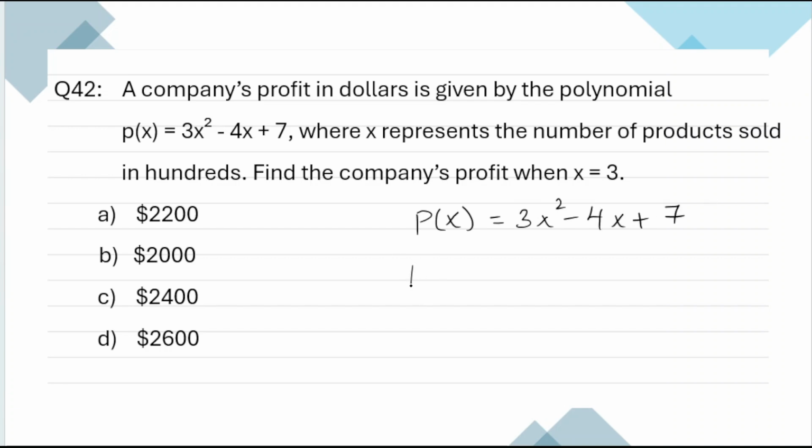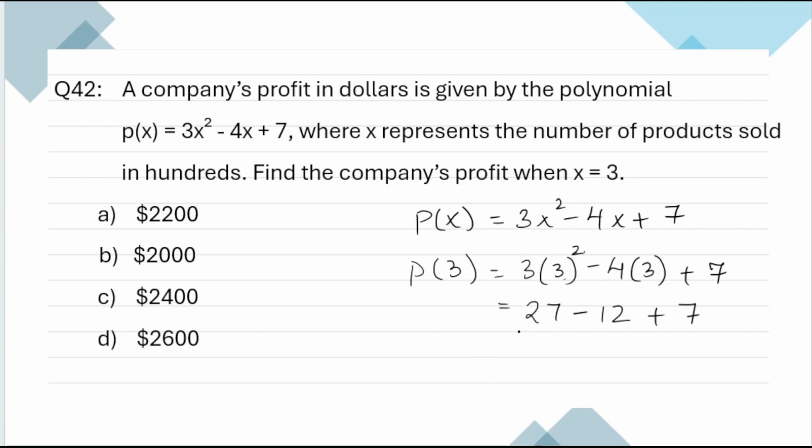So put x as 3. So it is 3 times 3 square minus 4 times 3 plus 7. So 3 times 3 square is 9. 9 times 3 is 27. 4 times 3 is 12 plus 7. 27 minus 12 is 15, and 15 plus 7 is 22.